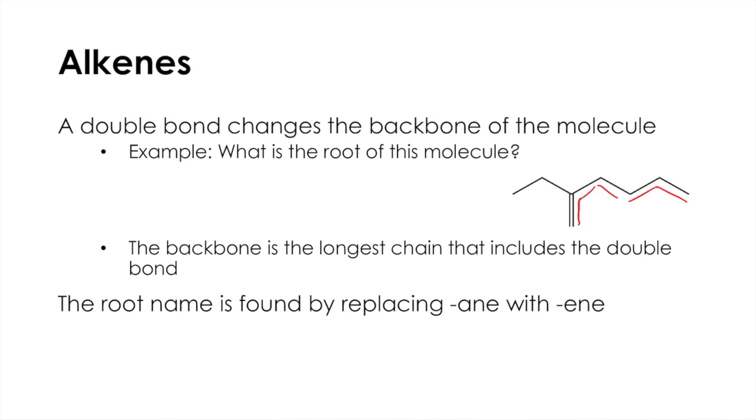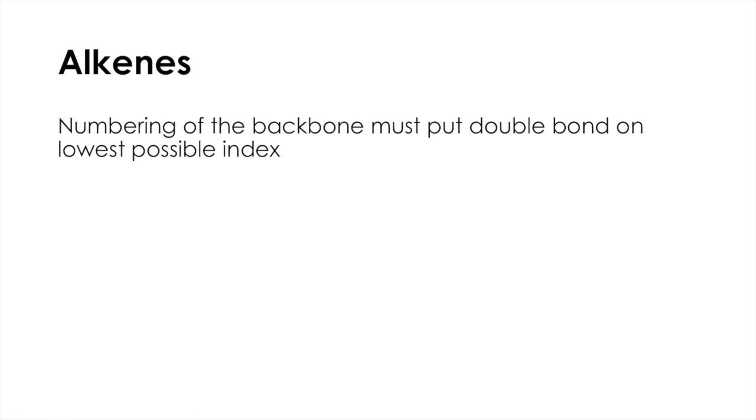So in this case, we have 1, 2, 3, 4, 5, 6 carbons long. And so instead of being hexane, the root is hexene.